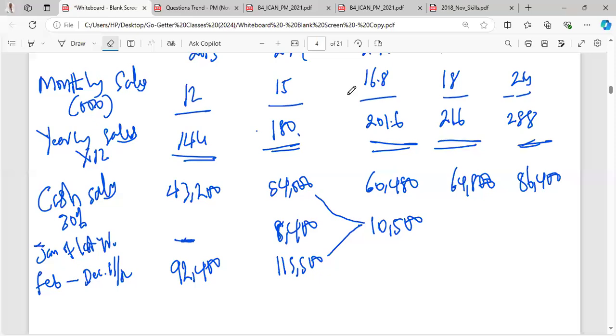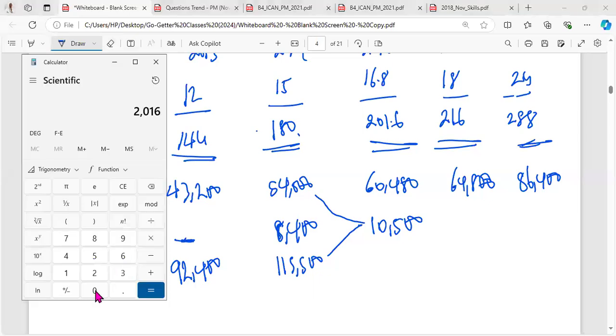Now let's look at this 201,600. Let's remove the cash, minus 6,480. Now these ones are collected like that.